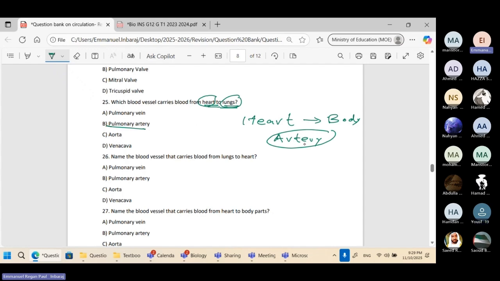So the blood vessel will be pulmonary artery. Now name the blood vessel that carries blood from lung to the heart. Any blood vessel that carries blood from body parts to heart is called a vein. So the answer here is pulmonary vein.